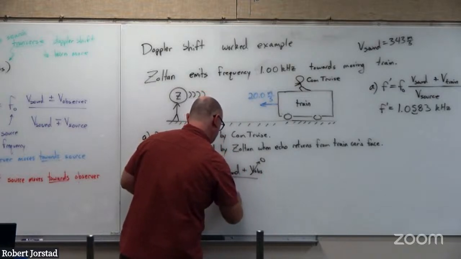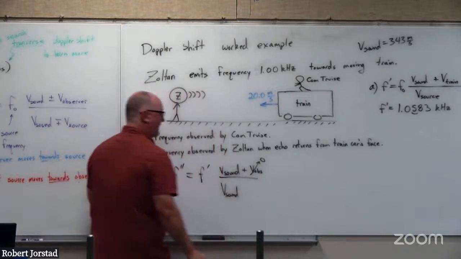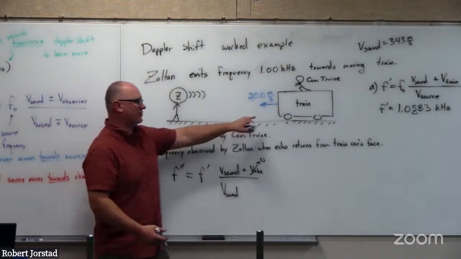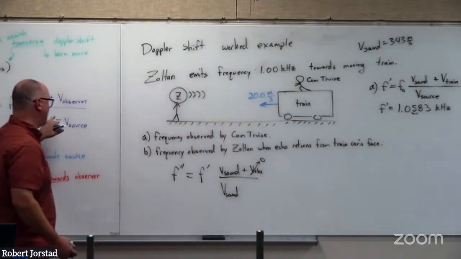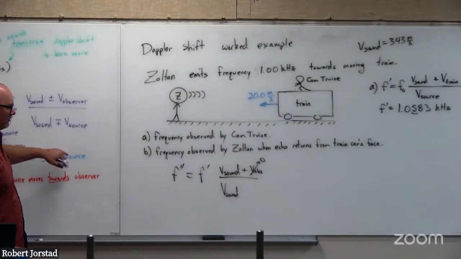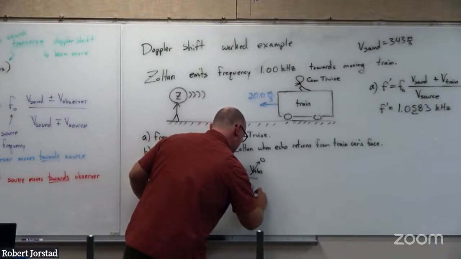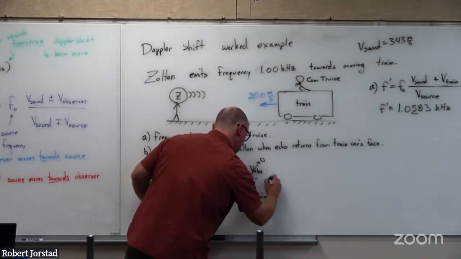Over V sound. Now, do we want to use minus or plus? The source is coming towards Zoltan, right? The source of the echo is the train. So we want to use minus so that we get a smaller denominator, which amps up the frequency even more. So minus V of the train in this case.